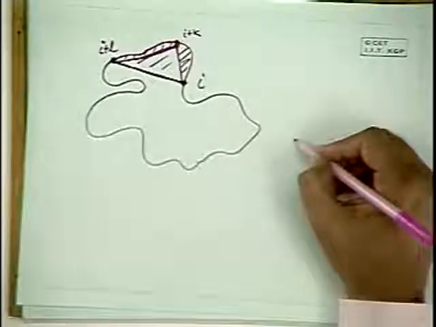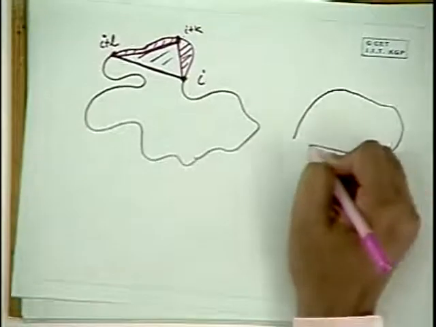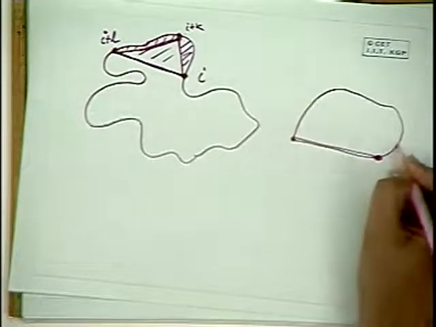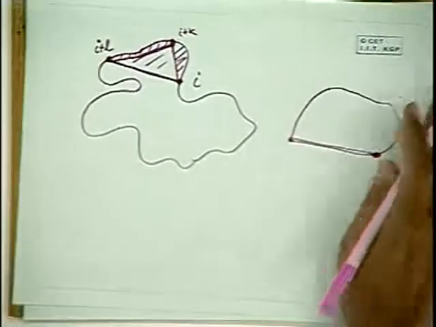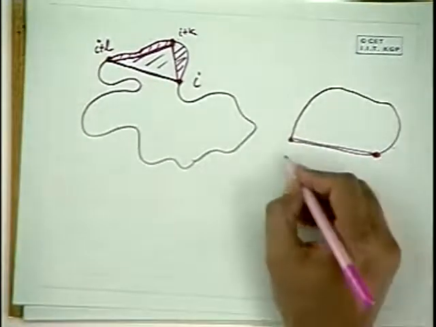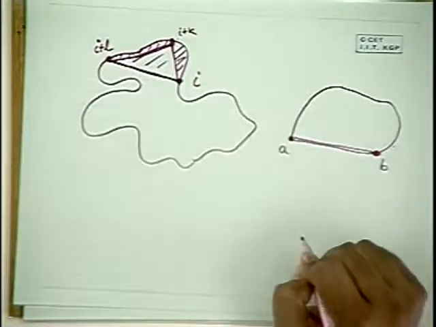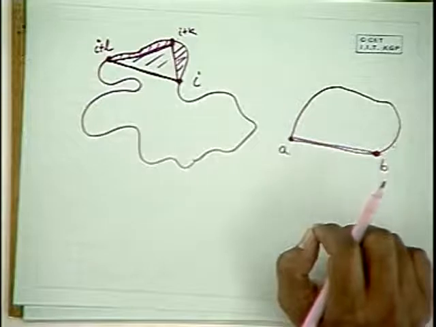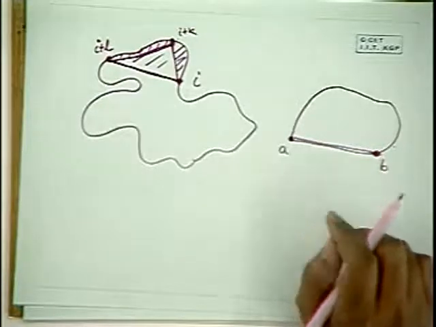Yes. So let me take this one separately. Suppose this is a polygon. I've just taken one polygon here, right? So suppose this is an edge A and B. So there is one optimal triangulation. You understand what is the optimal triangulation?